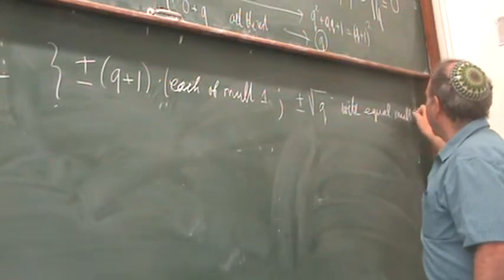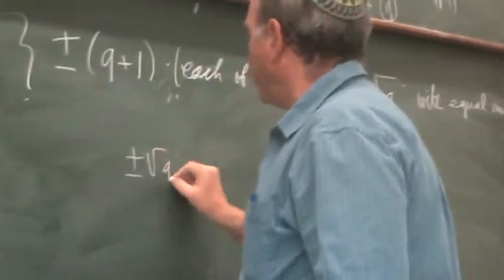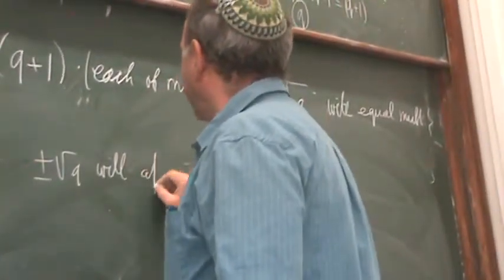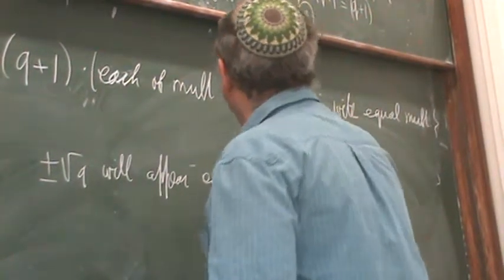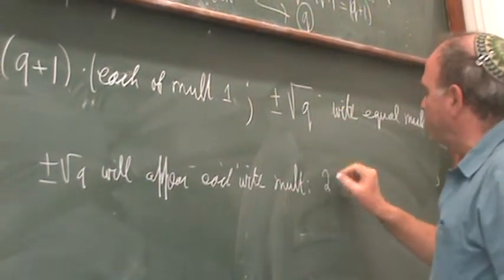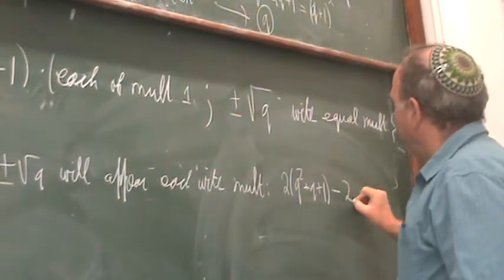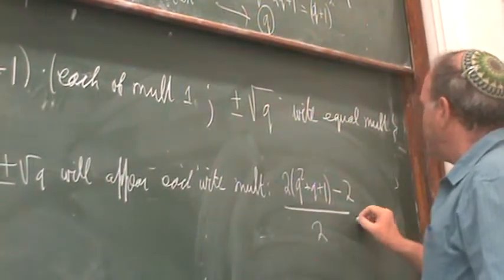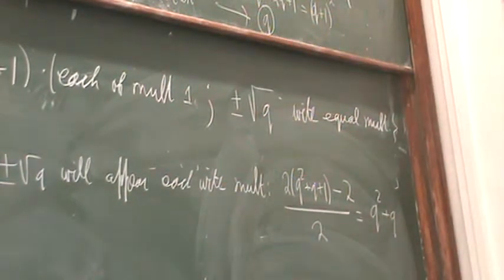And if you really want, I can tell you exactly how many times plus or minus square root of Q will appear. Well, we know that the size is 2 times Q squared plus Q plus 1. We subtract 2, divide by 2, and then we get Q squared plus Q. So we computed completely all the eigenvalues of this graph.